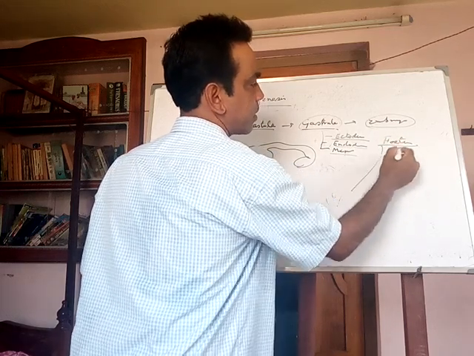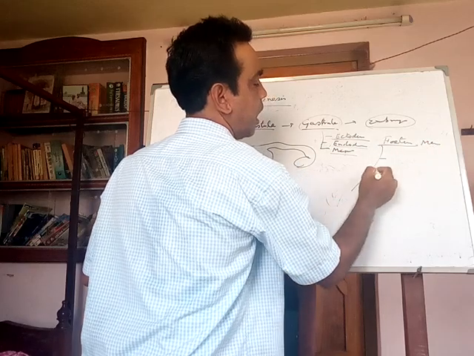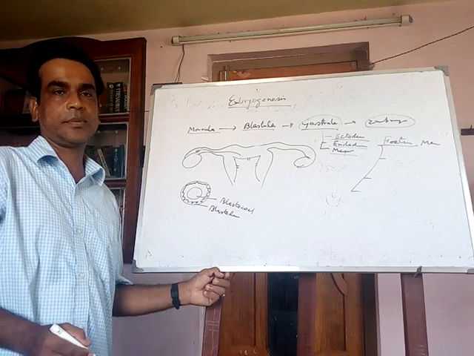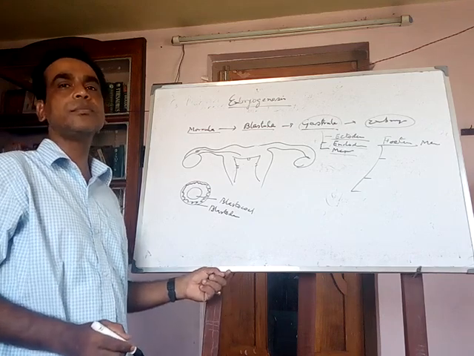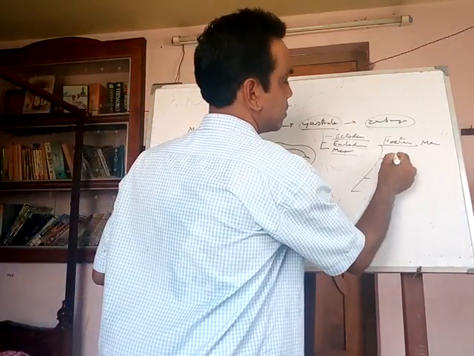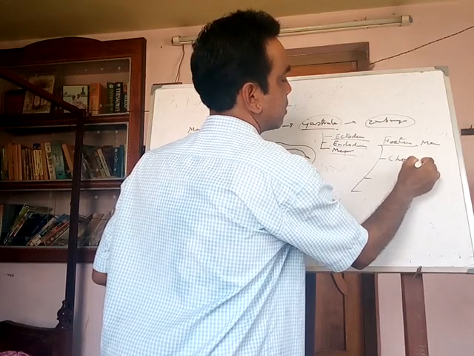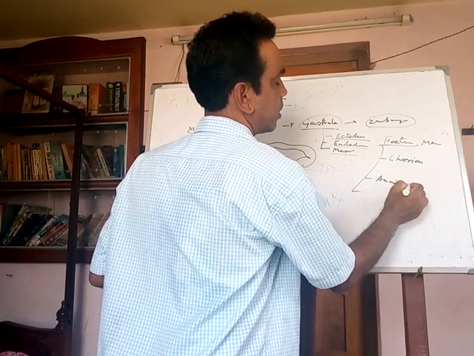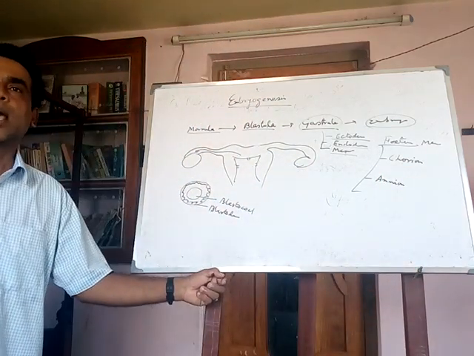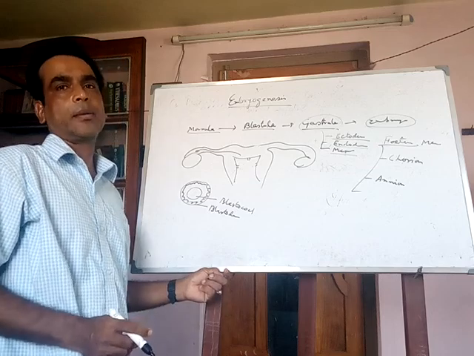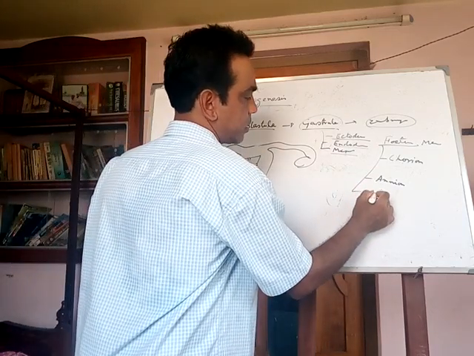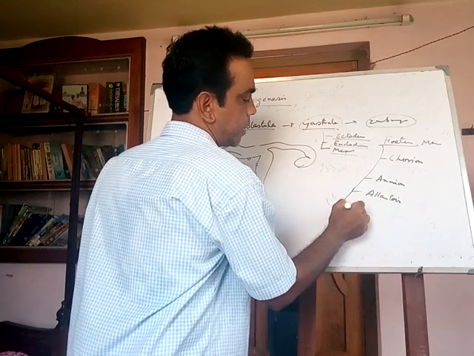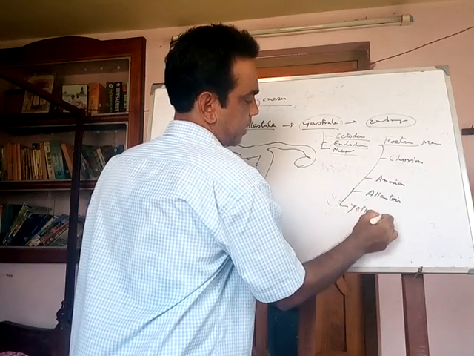The fetal membranes are 4 types, that is chorion, amnion, allantois and yolk sac.